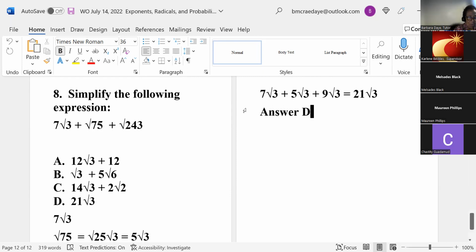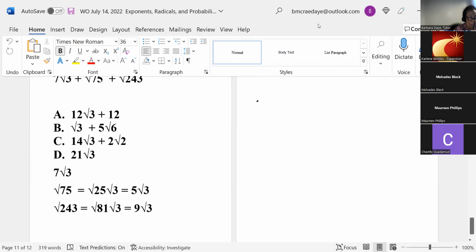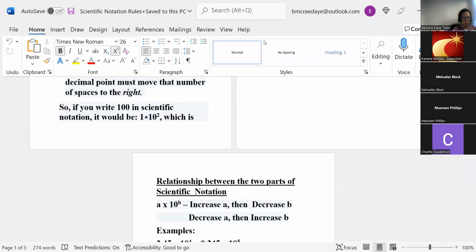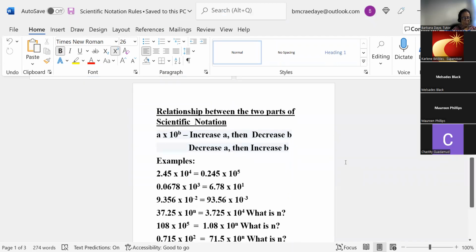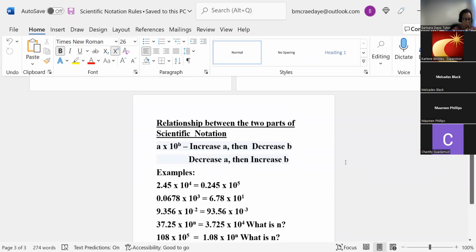Now I want to look at, let's go back to scientific notation. We're going back to these: when you have something in a format and you need to change it so you can do calculations, okay?